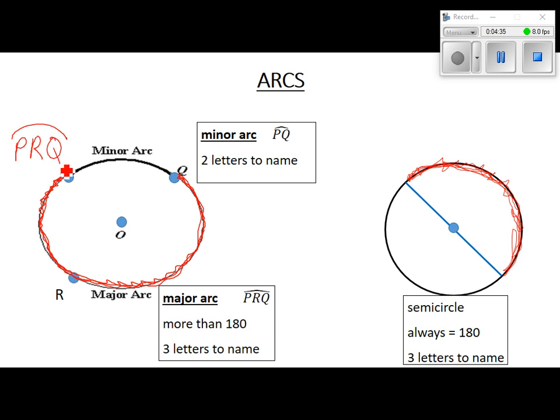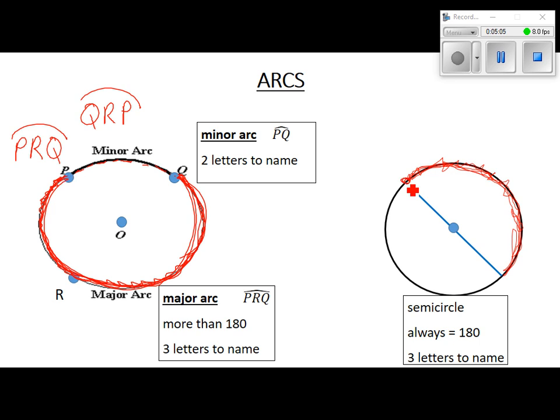You name it with 3 letters, because if we just named it PQ, it might look like that minor arc right there. So it's PRQ going around this way. The other way we could name it, with the arc symbol, is QRP. So it's sort of like naming an angle: just name this letter, that letter, that letter. Always use 3 letters for a major arc. 2 letters for a minor arc, 3 letters for a major arc.